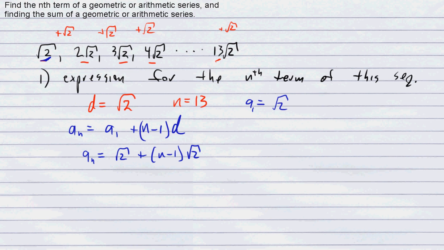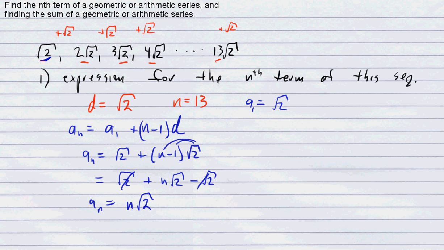Now we simplify: rad 2 plus n rad 2 minus rad 2, so rad 2 minus rad 2 cancels out. Our final formula is A sub n equals n rad 2.